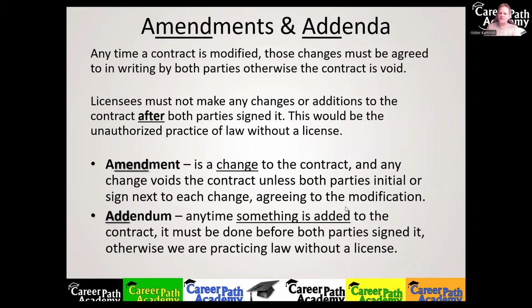So we can make changes to it still. We just can't make changes to it once both parties signed the contract. But if only one party signed the contract, we can.